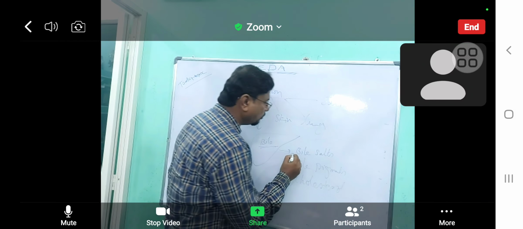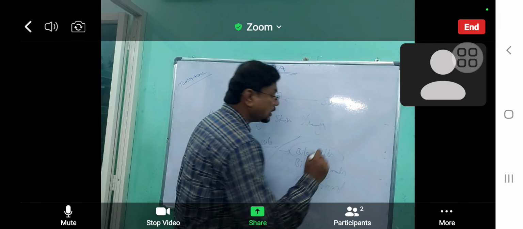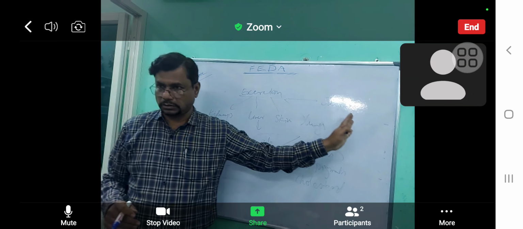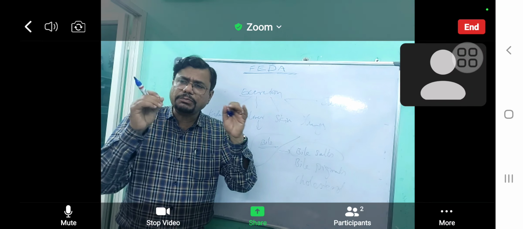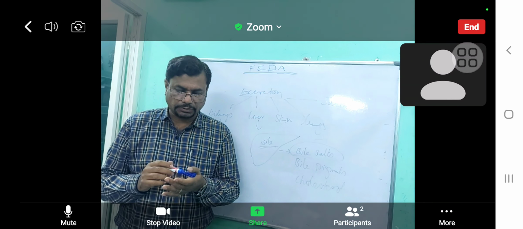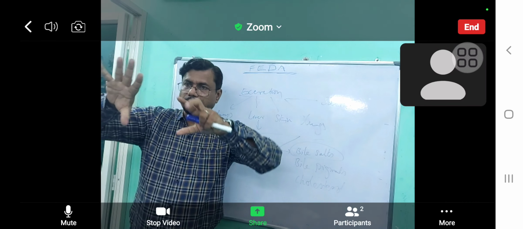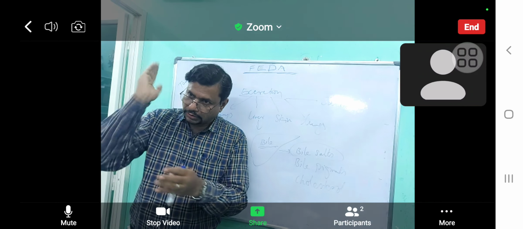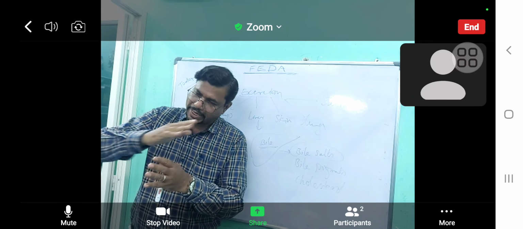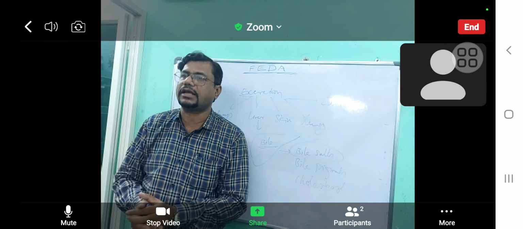What are bile salts? Bile salts have a very important role. As I said in my last class, a bigger globule has less surface area. If you break it down into many smaller pieces, the surface area increases.